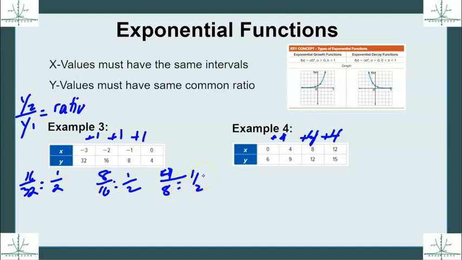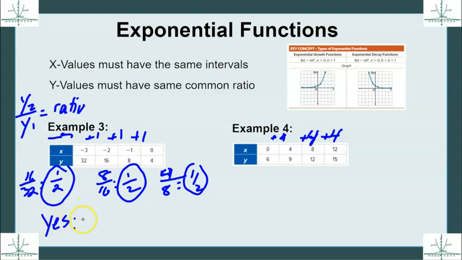So it starts off larger and then goes down to a smaller number fairly rapidly. But the common ratio is always the same, and our x coordinates are all increasing at the same amount. So yes, this is an exponential function.